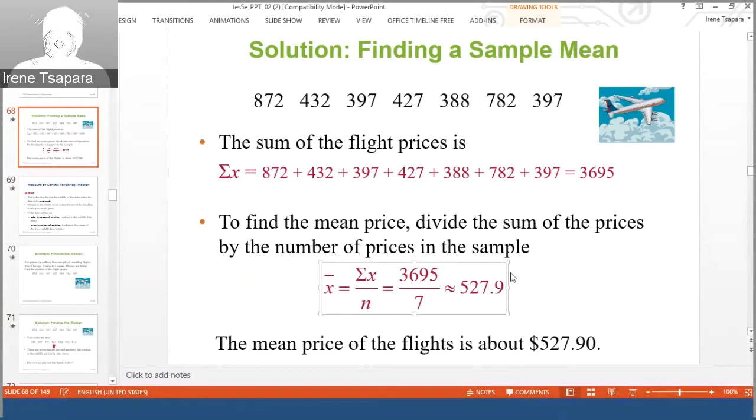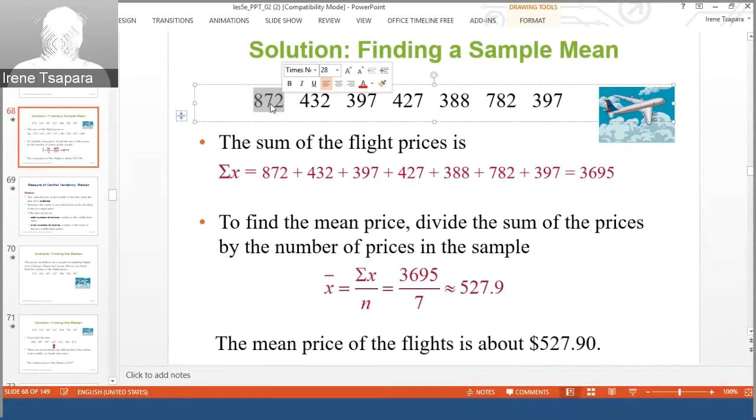Well, both of these values are very high if you compare them with the others. How high are they? Well, this value right here is almost double the mean of those values, as you can see. This is a little bit lower, but still $300 higher.